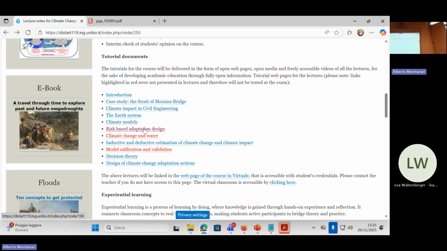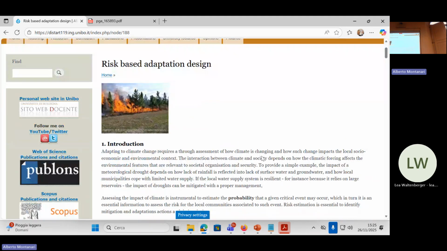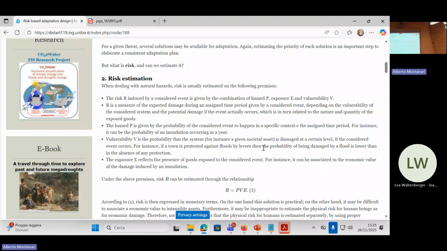For risk-based adaptation design, yes, this is material for the quiz. The risk equation is a very classical question. Can you please write the risk equation? In the quiz there are several questions: what is vulnerability, what is exposure, what is hazard. Be careful with the definitions, because statistically a lot of students get them wrong.